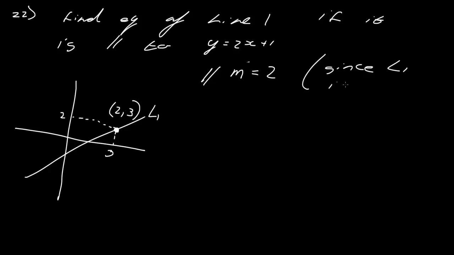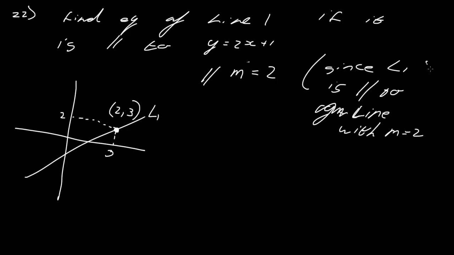To say, since line 1 is parallel to the line with m equals 2, just give a reason for why you're saying that m equals 2.